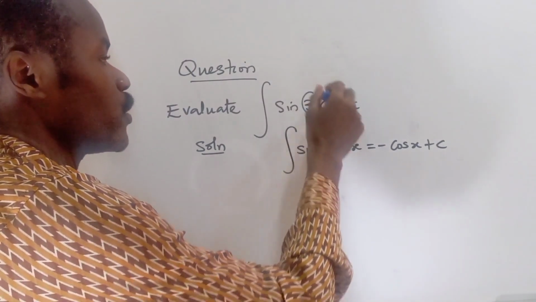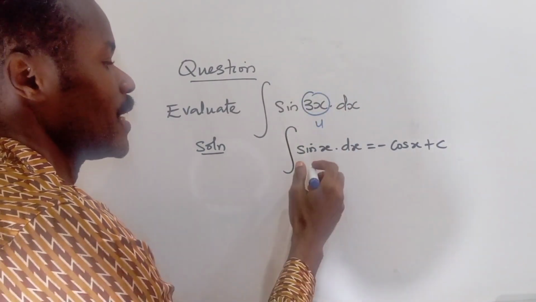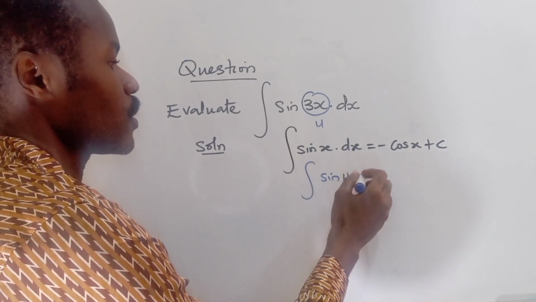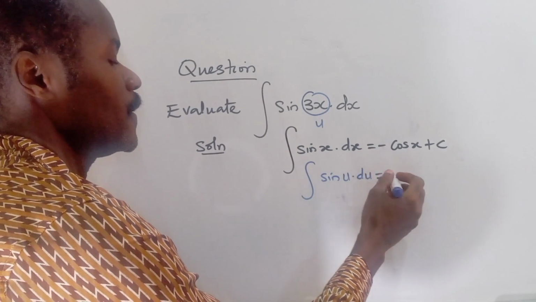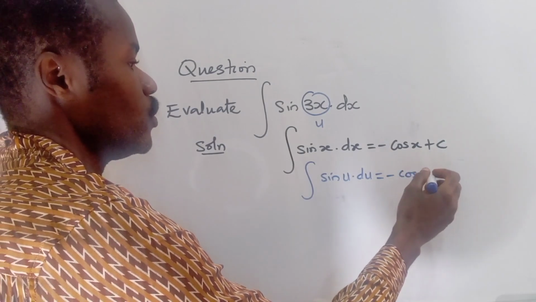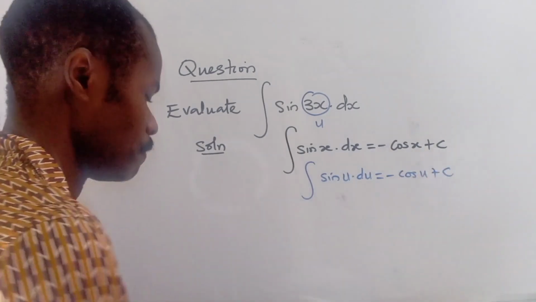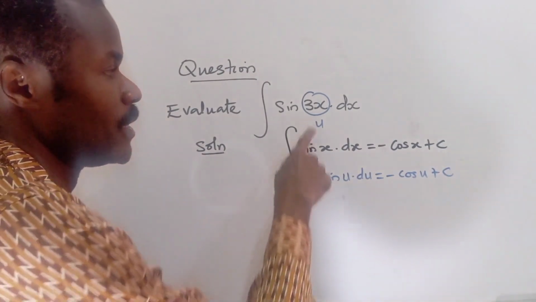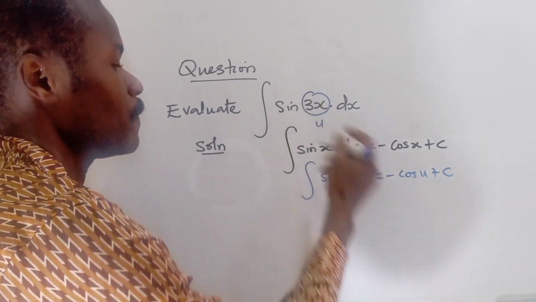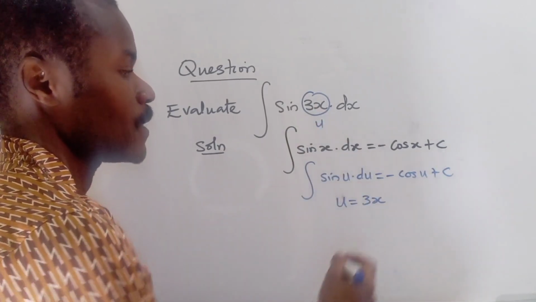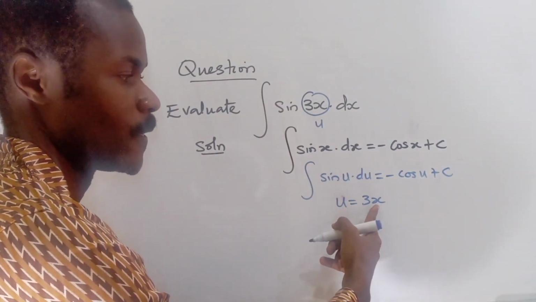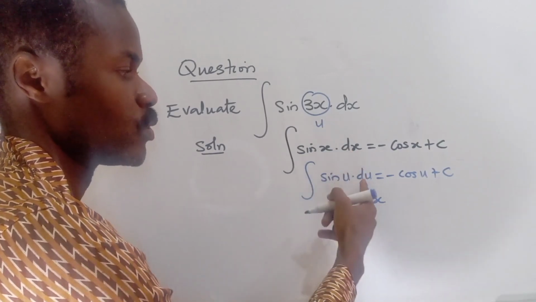So if I have sine u, the integral is going to be negative cos u plus C. Since I've been able to say that my u is equal to 3x, now I want to solve for the x in terms of the u.